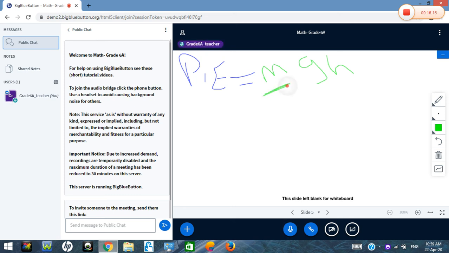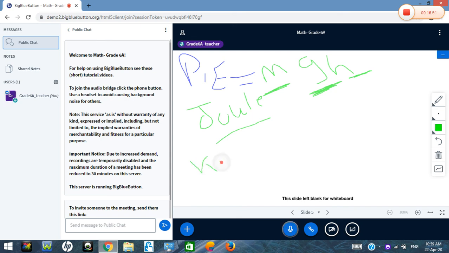M is mass, g is gravity, the gravitational acceleration, h is the height. And the measuring unit of all energies is joule. Work and energy measuring unit is joule.